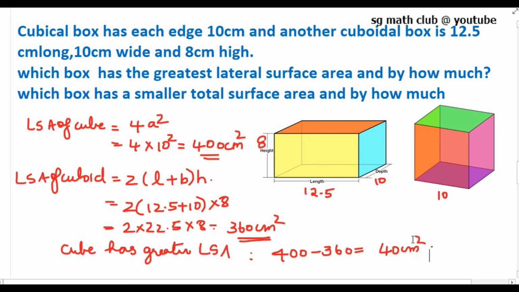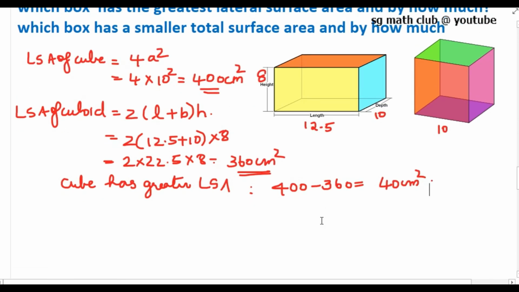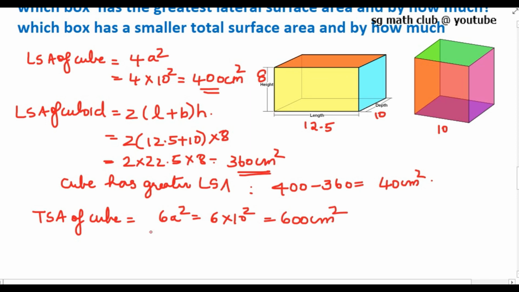Next question is, which box has smaller total surface area and by how much. In the same way we will first find the TSA of cube, which is 6a square, 6 into 10 square, that is equal to 600 centimeter square. Again TSA of cuboid is 2 into (LB plus BH plus LH). Now we need to substitute the values.